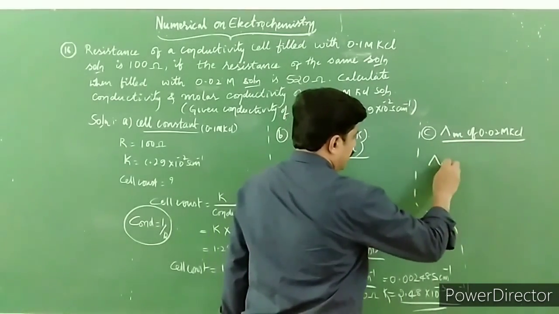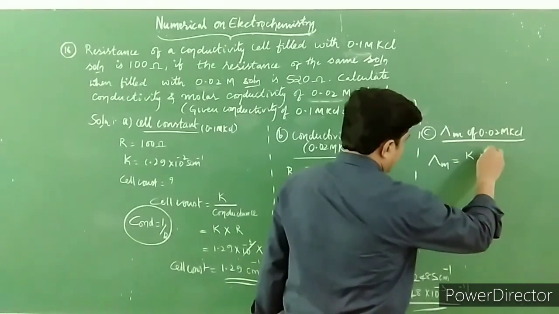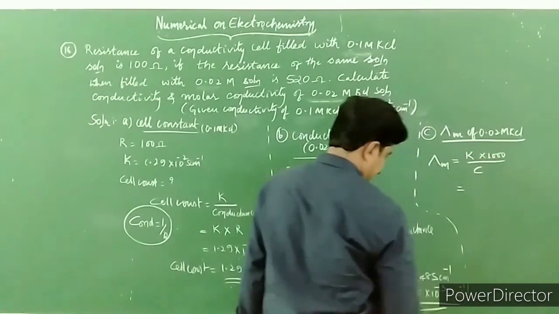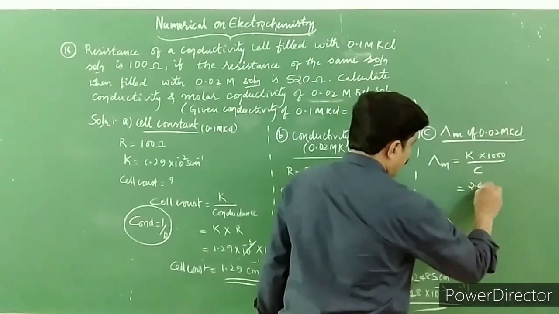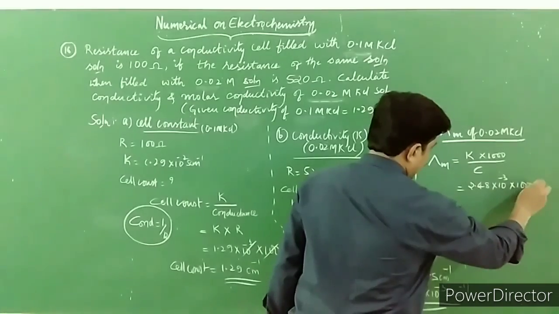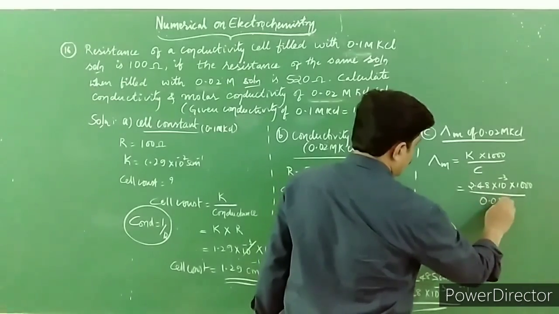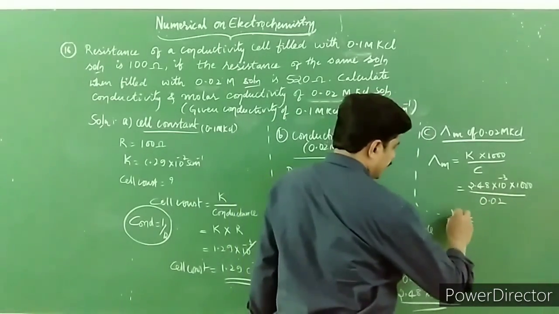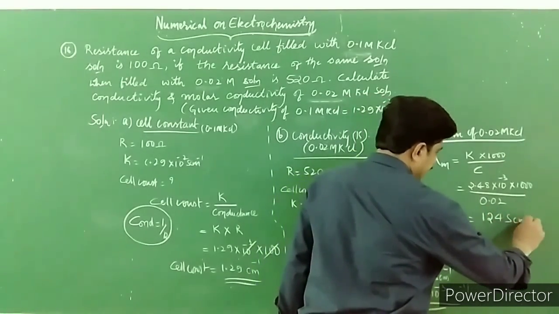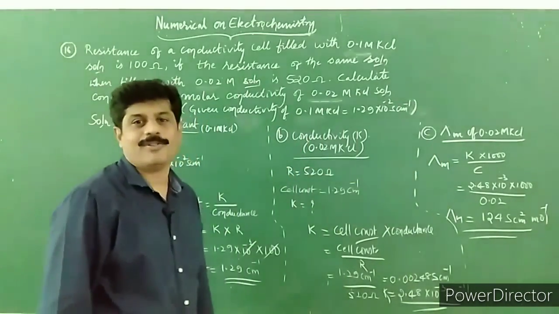Children, you know, molar conductivity is equal to K into 1000 upon C. K is how much here? 2.48 into 10 to the power of minus 3 into 1000 upon C is how much here? 0.02. Children, if we simplify, lambda m is equal to 124 Siemens centimeter square per mole. So this is how you need to solve the numerical.